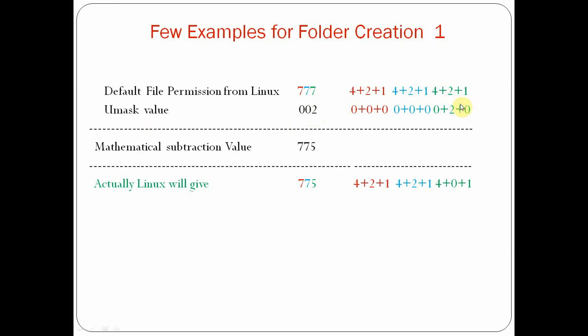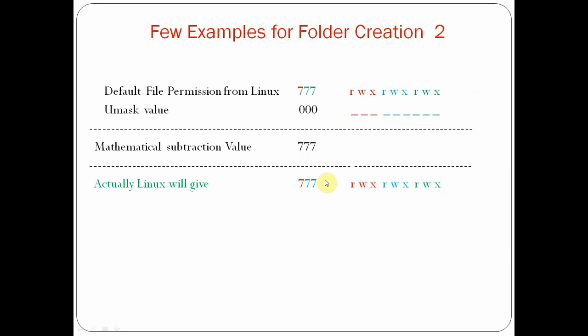In case of others, I want to restrict write permission. Since you don't have any filtering for user and group, the default permission will come as it is. Since you have one filter for others, the write permission is restricted, so 4 plus 1 will come. So the resultant folder permission will be 775.